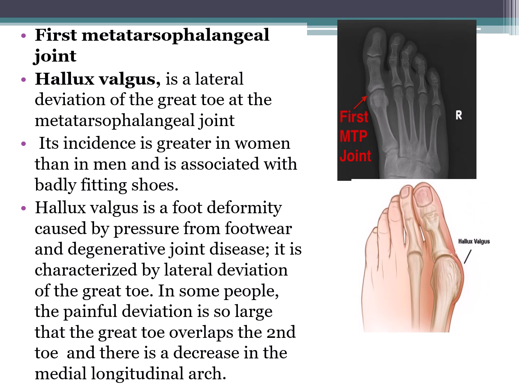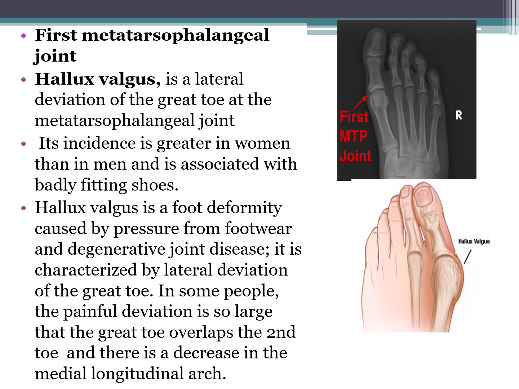Now the first metatarsophalangeal joint, that is the joint between the first metatarsal and the proximal phalanx, is very important clinically. There is a condition known as hallux valgus, which is a lateral deviation of the great toe at the metatarsophalangeal joint. The incidence is greater in women than in men, and is associated with badly fitting shoes.